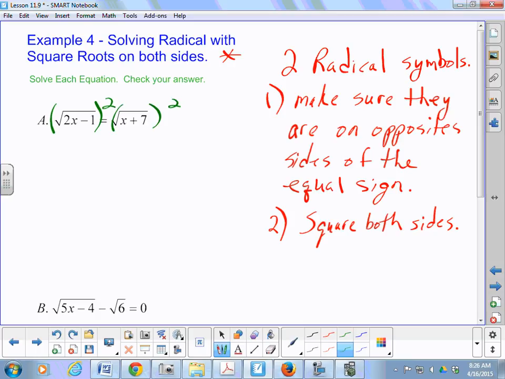Get rid of the radicals. The only thing is now we sometimes end up with an x on both sides of the equal sign, which you know how to solve. So finish that problem.